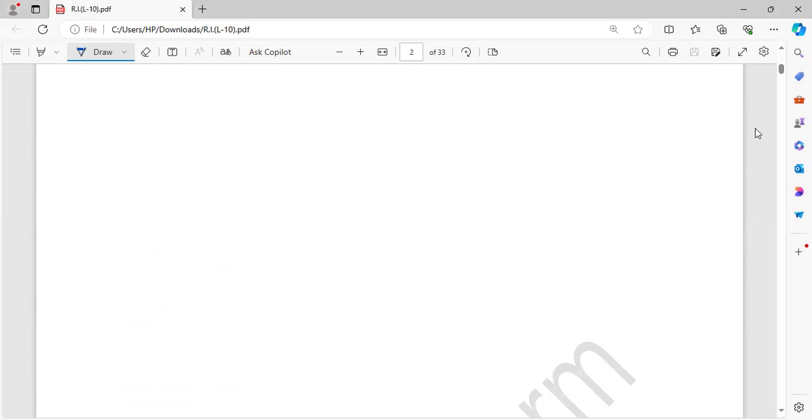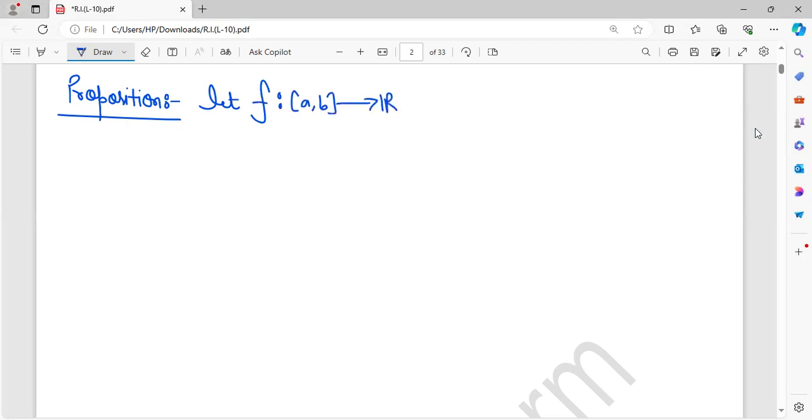Today we start with the following result. Let f from the closed interval [a, b] to R be a bounded function.